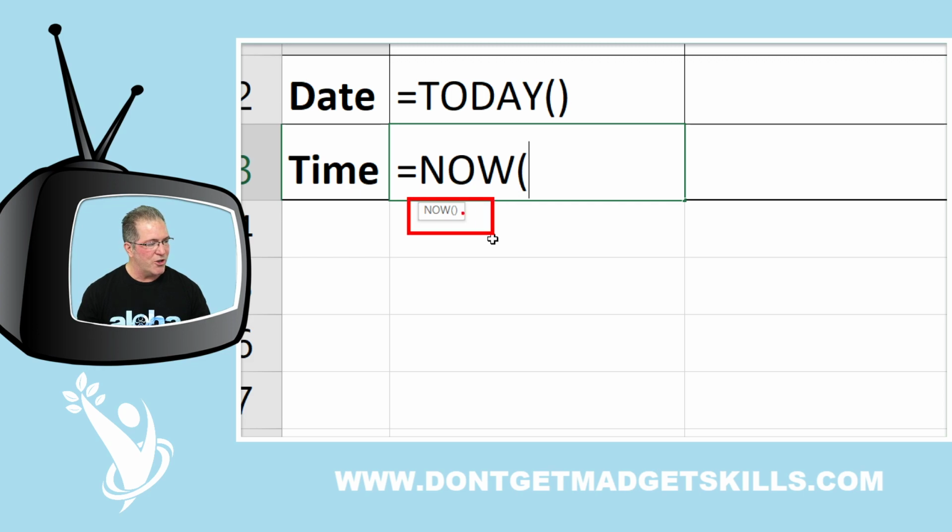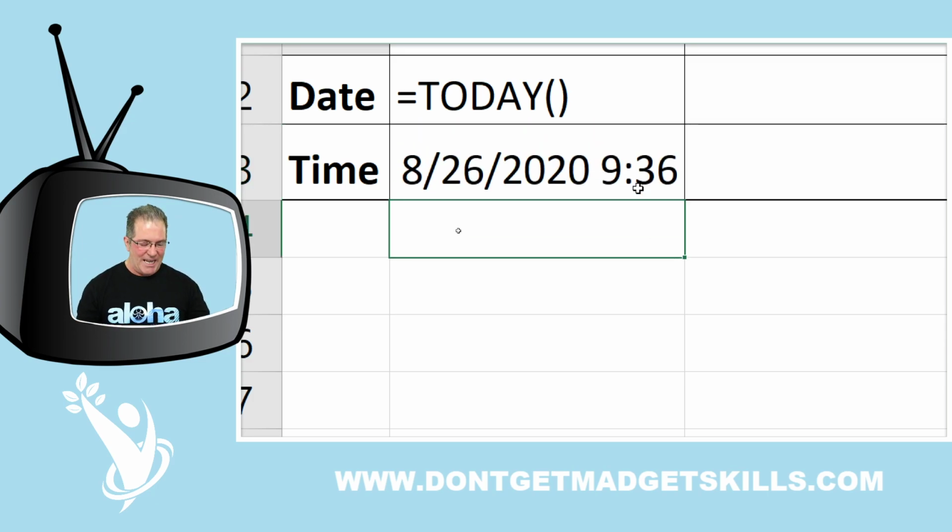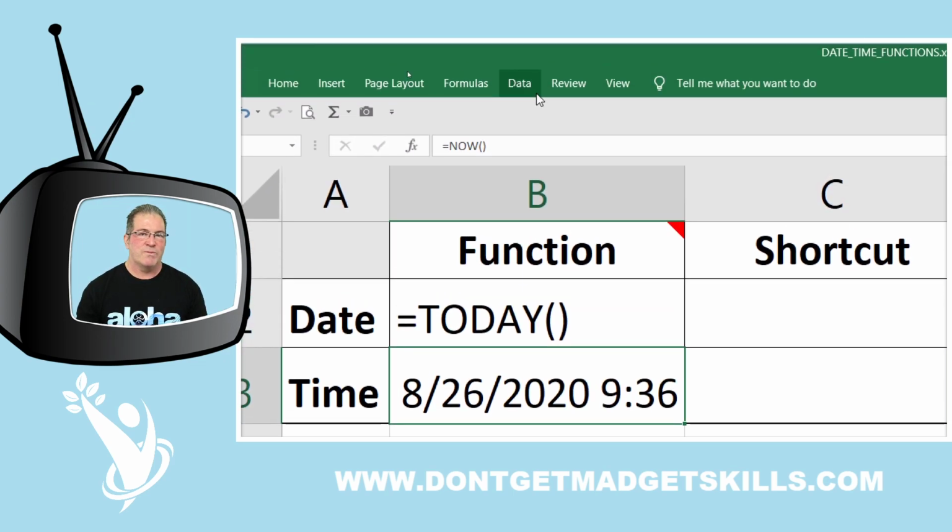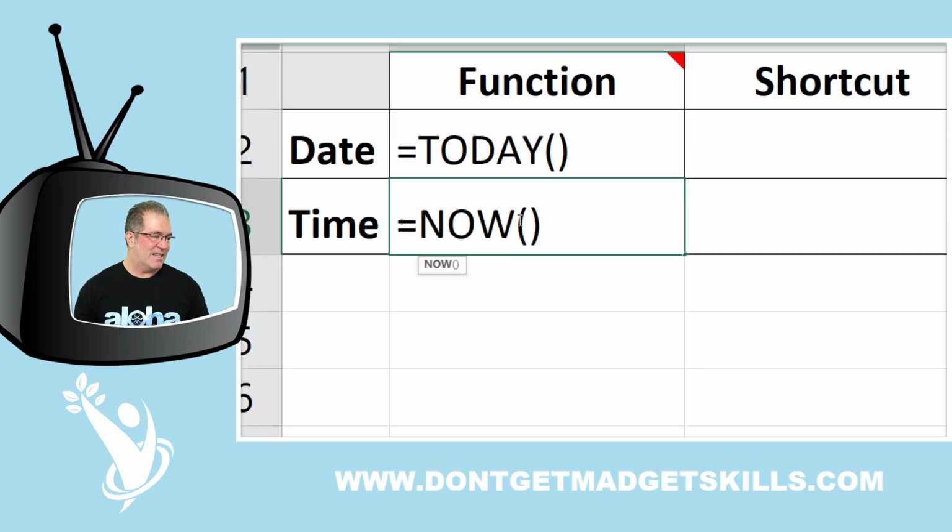Because there's no arguments being displayed right there. It's just a parentheses with nothing in it. So that means that all we've got to do is press enter, and then it gives us the date and time. Well, let's just say that I just want to display the time only. I don't need the date and time. I just want the time. So what would we do? What would we change? Because the now function displays, take a look.